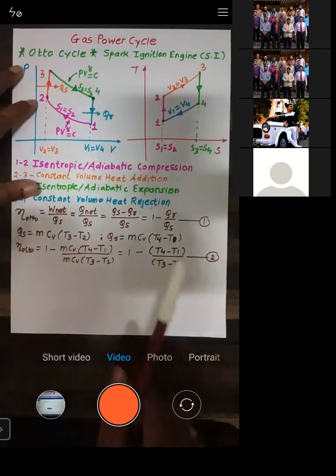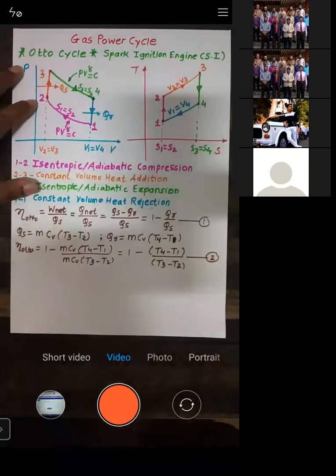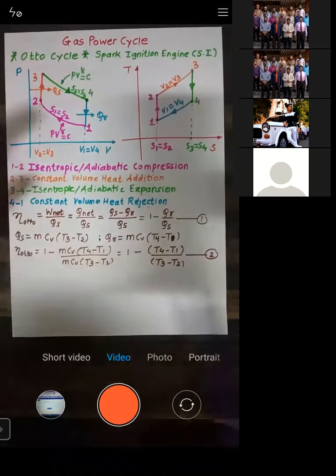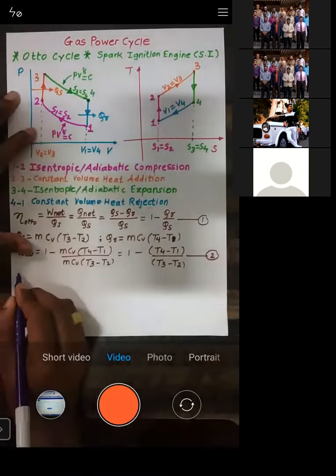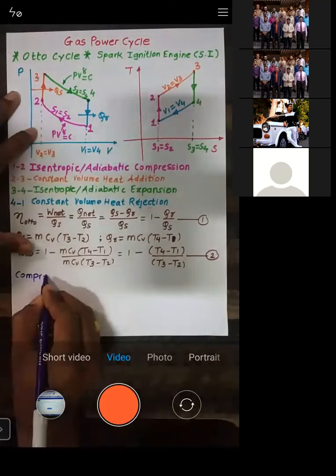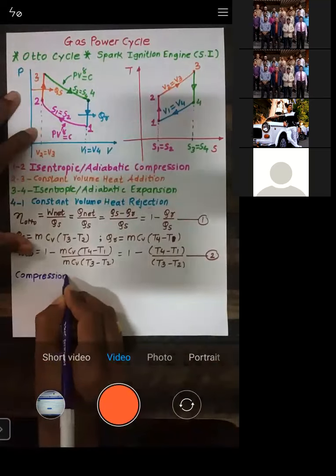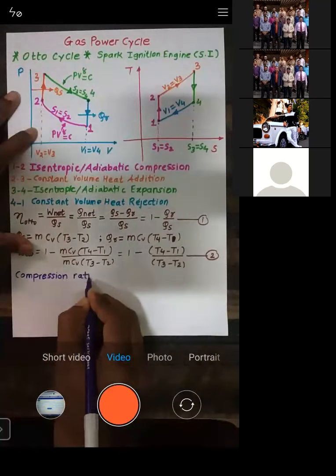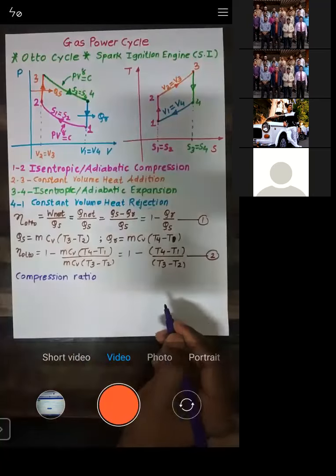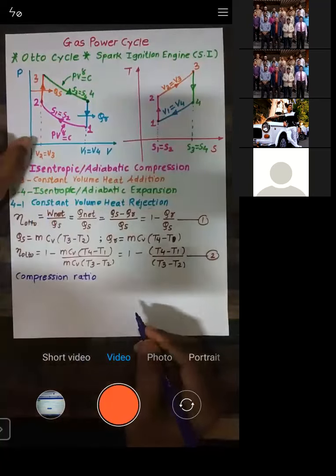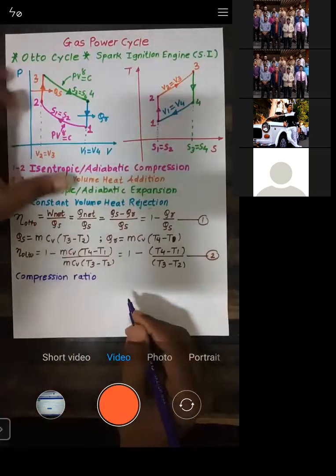But before going to that, try to understand there is a concept of compression ratio. This is a very important term, and it will be useful throughout this chapter. Compression ratio is indicated by rc.